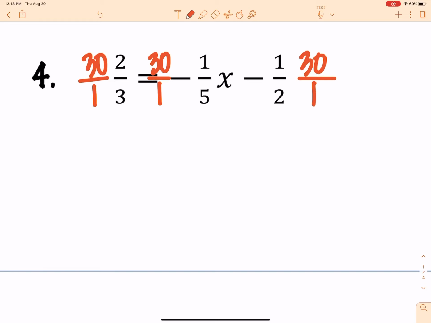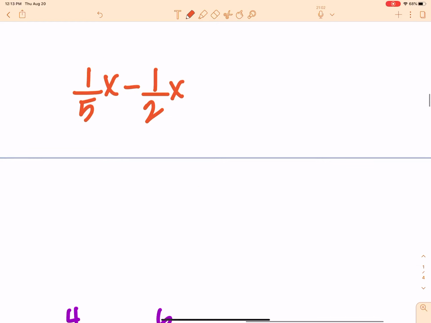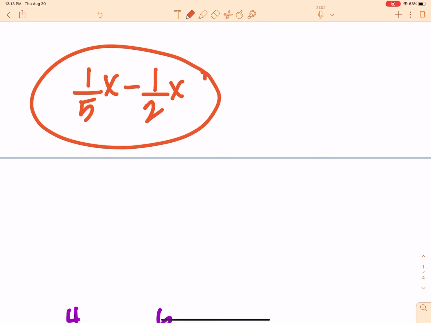But here's where you guys start going wrong when you do problems in the future. If you just have, for example, the right side of this equation being 1/5 x minus 1/2, let's pretend there's another x there, you can't clear fractions if it's just an expression. Okay, so here we would make common denominators, we'd keep our fractions, and we'd move on.